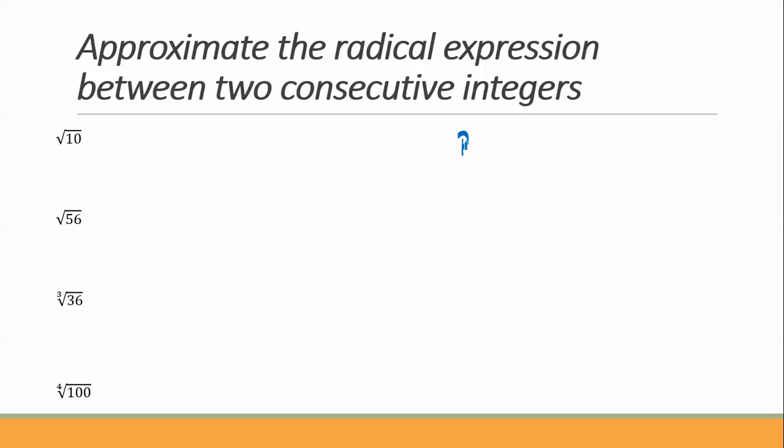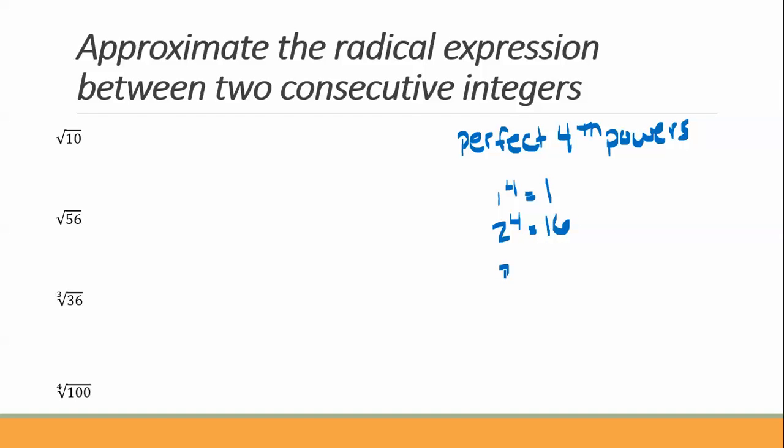So perfect fourth powers: 1 to the fourth is equal to 1, 2 to the fourth is equal to 16, 3 to the fourth is equal to 81, 4 to the fourth is equal to 256. Sorry about that.